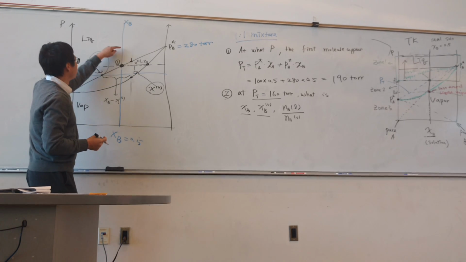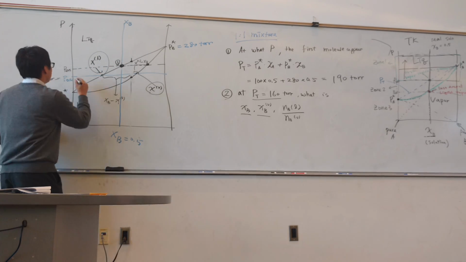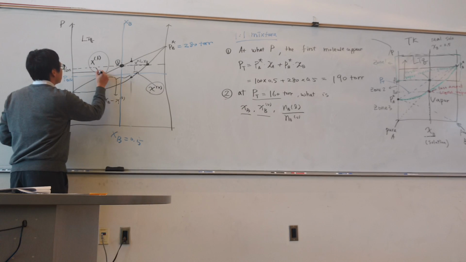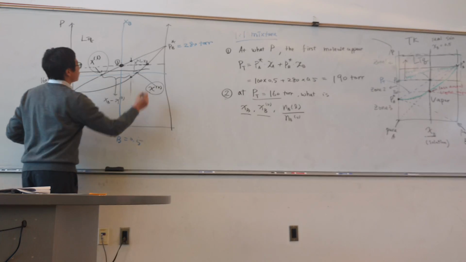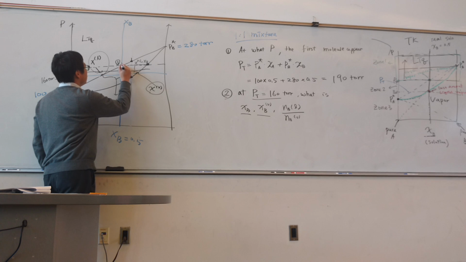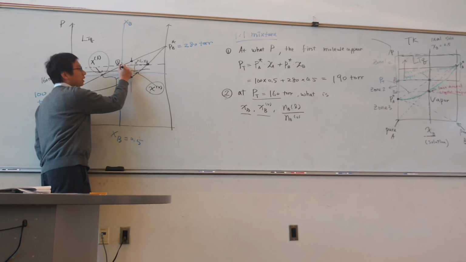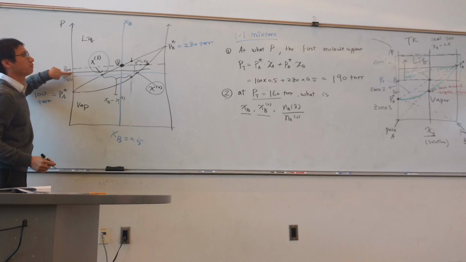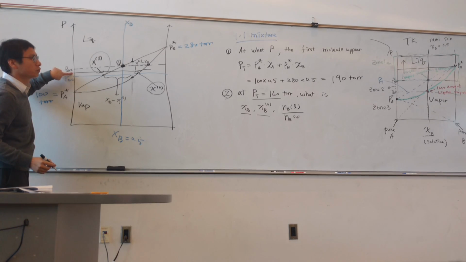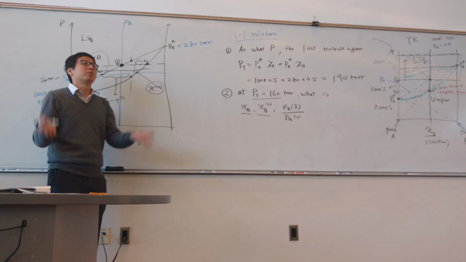Alright? So if you keep decreasing your pressure, for example, let's go to this point. This is your solution, and you have 50% of A and B. If you go to this specific external pressure, then you know your molecules start to evaporate.